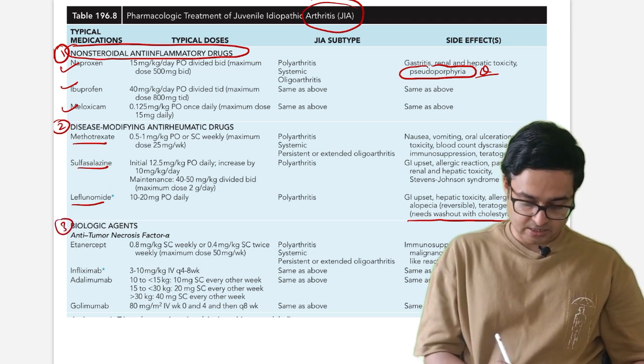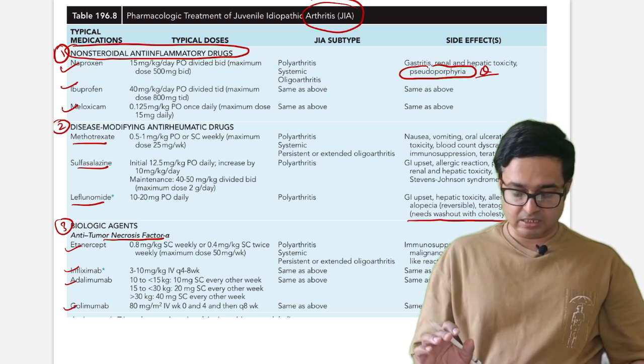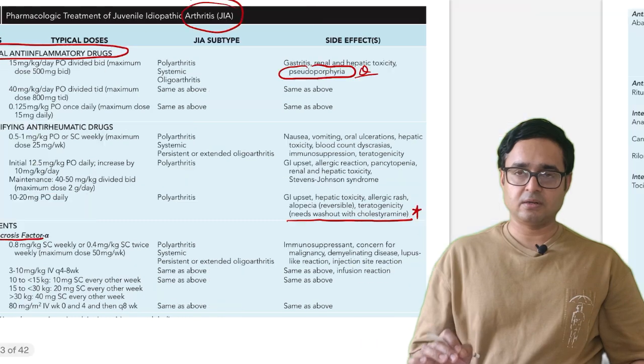Biological agents. First, anti-tumor necrosis factor alpha. What are the drugs? Etanercept, infliximab, adalimumab, and golimumab. Just remember these drugs come under this heading.